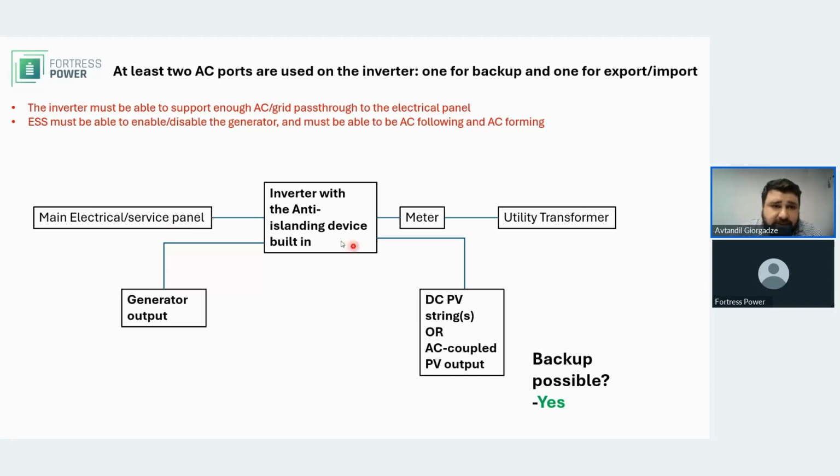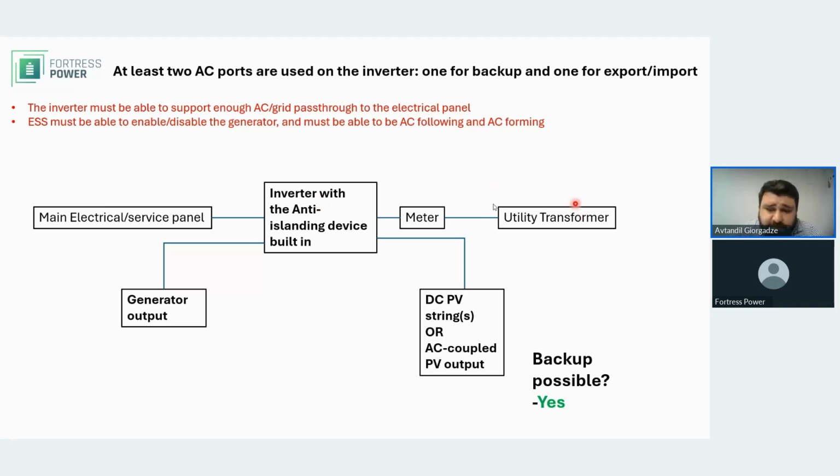So in all of these cases, when you see at least two AC ports used, and only an inverter here, assume that the battery is connected to it. It's just that I didn't want to overcomplicate this diagram, or the diagrams following this one. That's why I don't have a separate box for the battery. But assume that the inverter is here and the battery is connected to it.